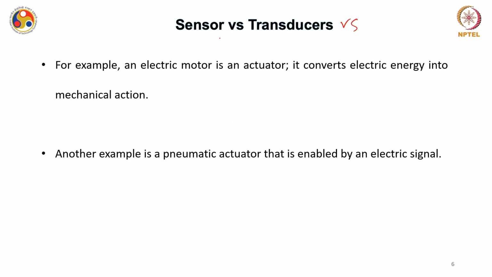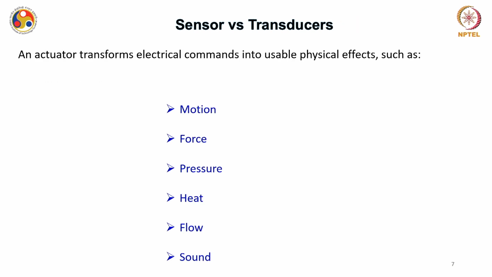Okay, so this is sensor vs transducer vs actuator. Okay. An electrical motor can be considered a good example of an actuator because it converts electrical energy into a mechanical action. You provide electrical energy to the motor and it starts rotating. All right. Another example is a pneumatic actuator that is enabled by an electrical sensor.